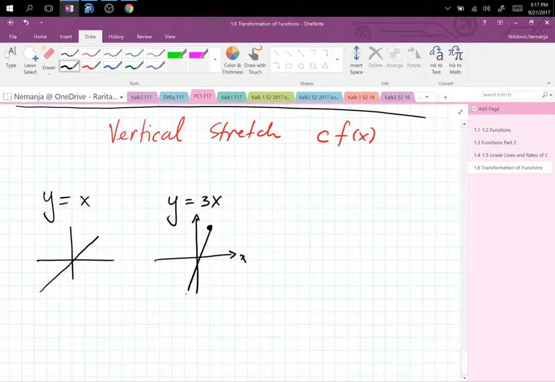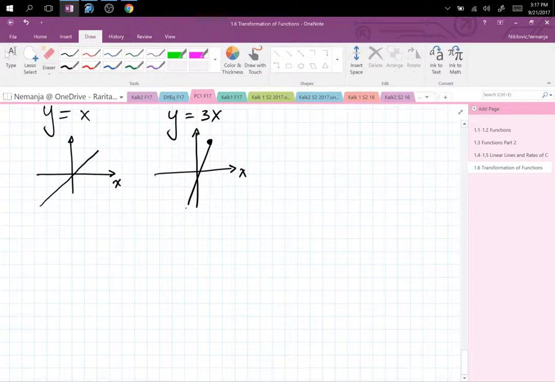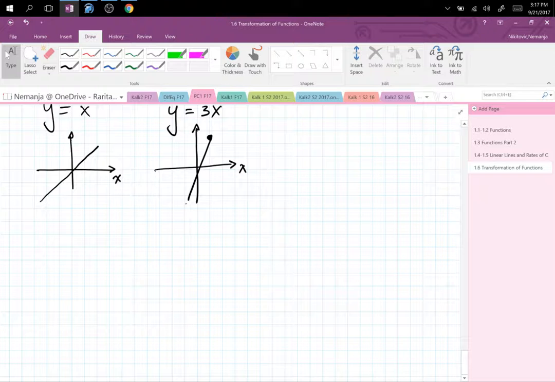So what I want to do is explain these functions in terms of functions that you haven't seen and you will not see until Precalc 2, which are sine and cosine. Your book is doing the same thing without telling you those are sine and cosine functions. The best way to see this stretch and understand the vertical stretch is to think of a function that looks like a wave because you have experience with a wave.